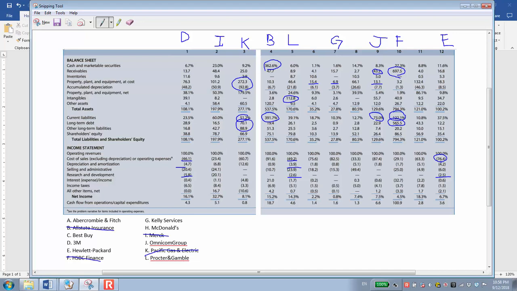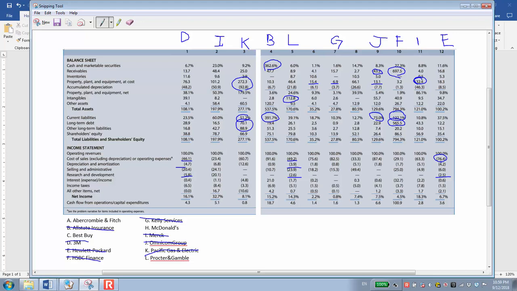Okay, another thing I find is here the property, plant, and equipment. This is very high, right? So what's left? I just forgot to remove this company from the list. McDonald's, Best Buy, and A&F. So what company should have such a large amount of property and equipment? Actually, it is McDonald's.